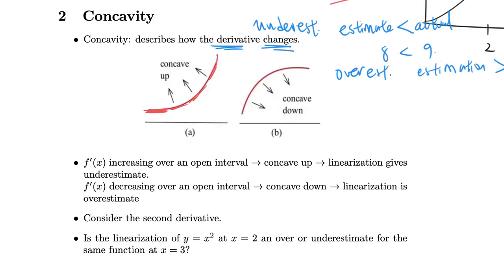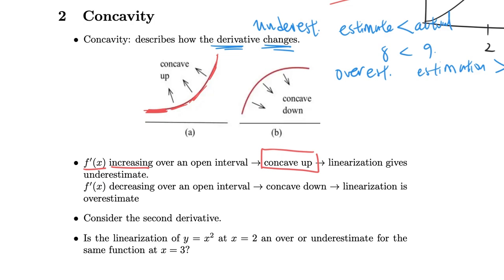This is a situation where f prime is increasing over an open interval. This is what we call concave up. So f prime increases means concave up. And because of this, linearization gives an underestimate.